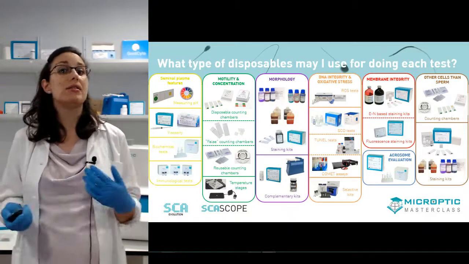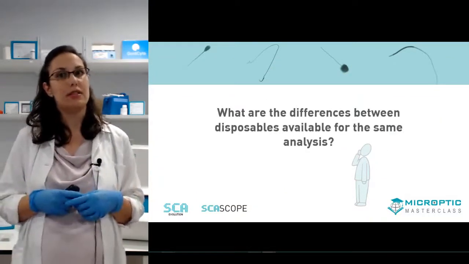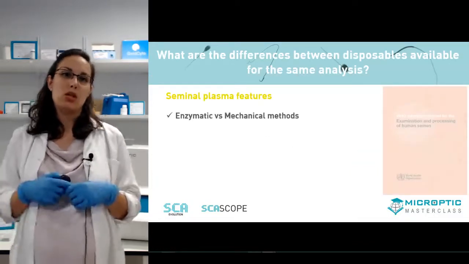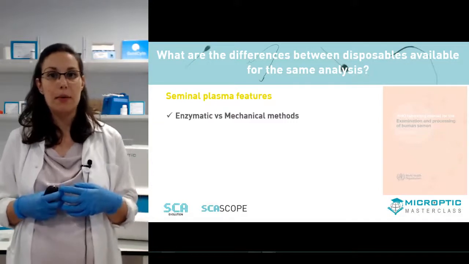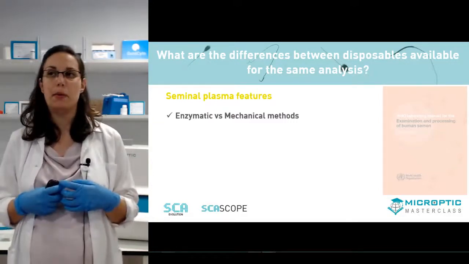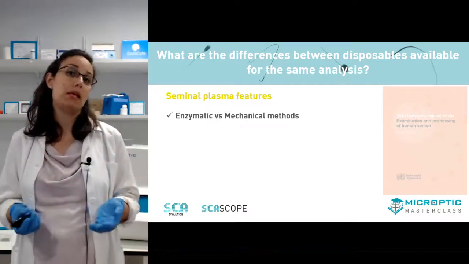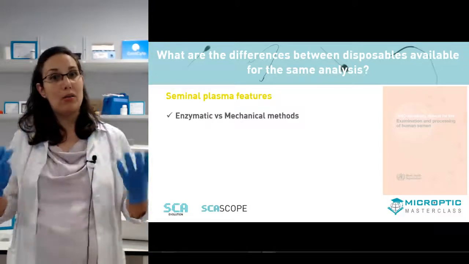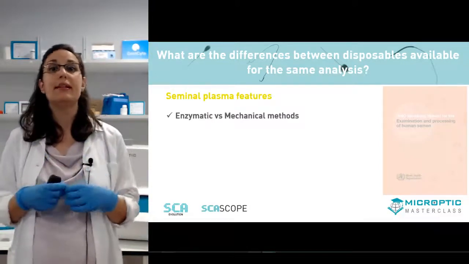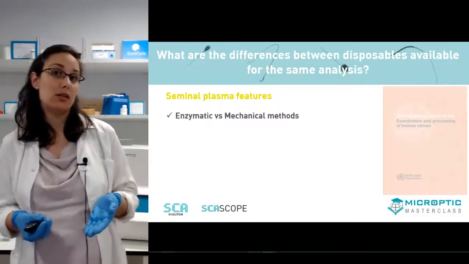So what are the differences between these types of disposables? When we start evaluating a semen sample, we need to evaluate first of all the seminal plasma features, because this provides the background, the environment that will help us to make a good interpretation of the results.